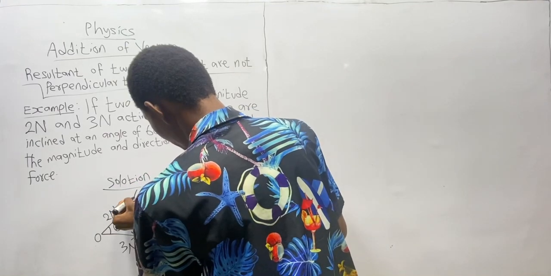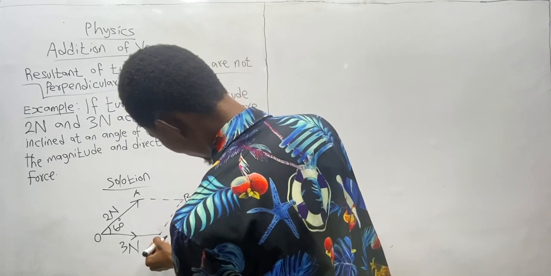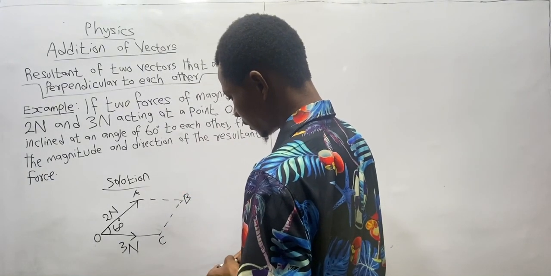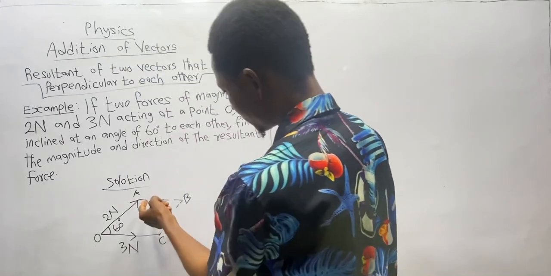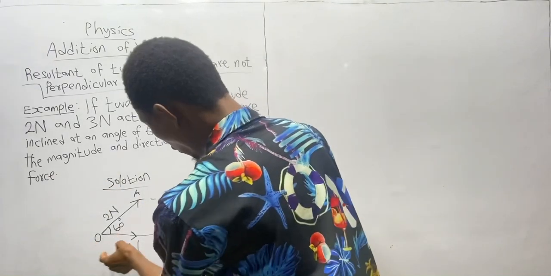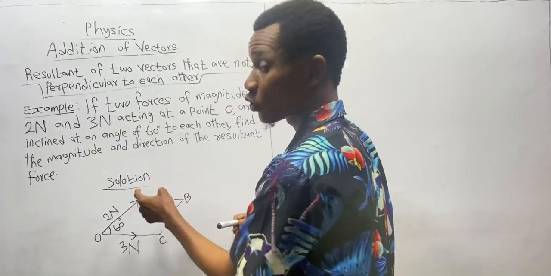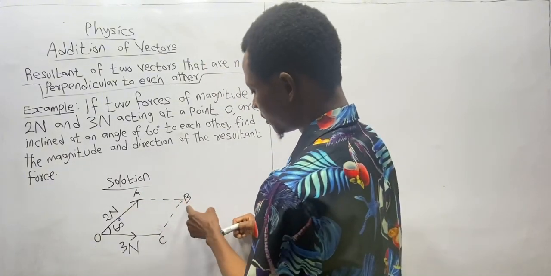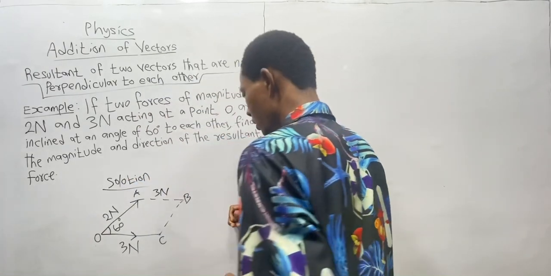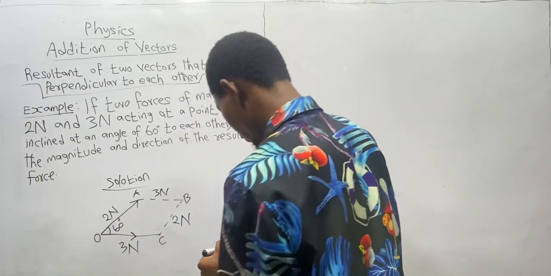Let's see this as point A, this as point B, and this as point C. Now, for a parallelogram, it means that the side AB is equal and parallel to the side OC. So also, the side OA is equal and parallel to the side BC. So that means this side will be 3 Newton, and this side will also be 2 Newton.